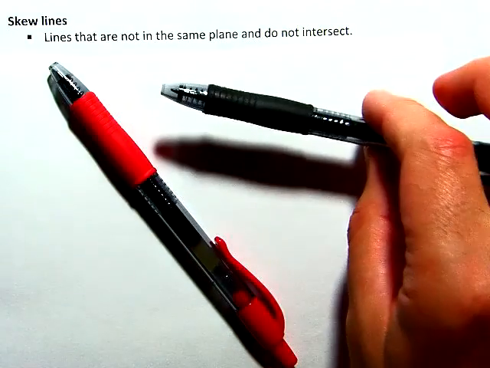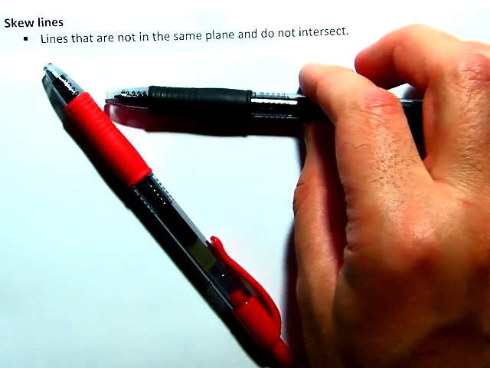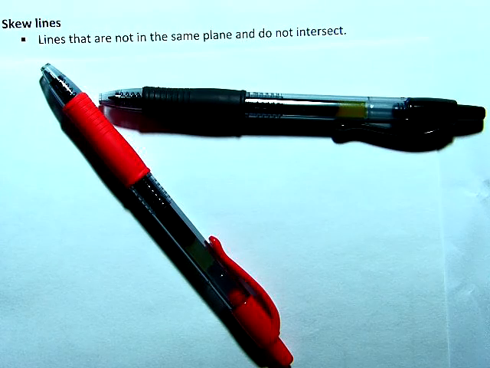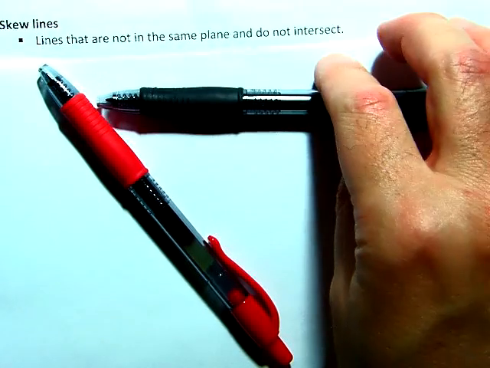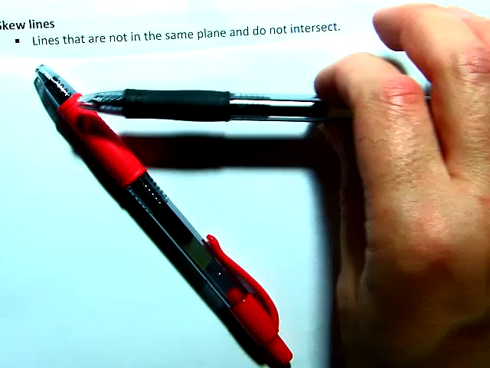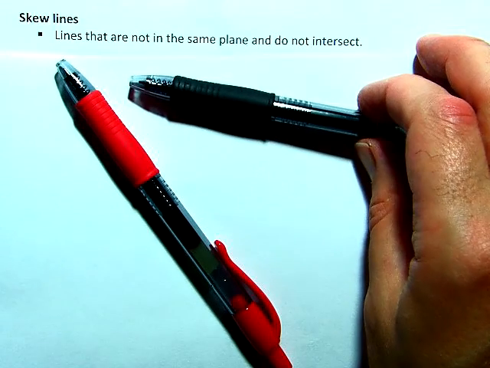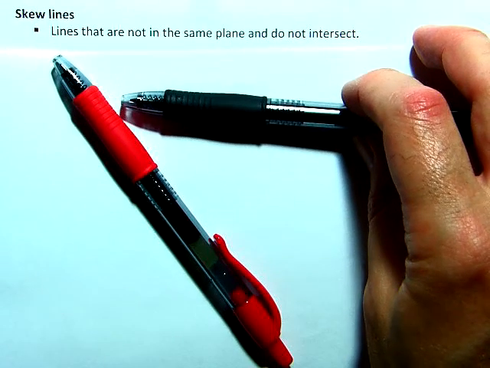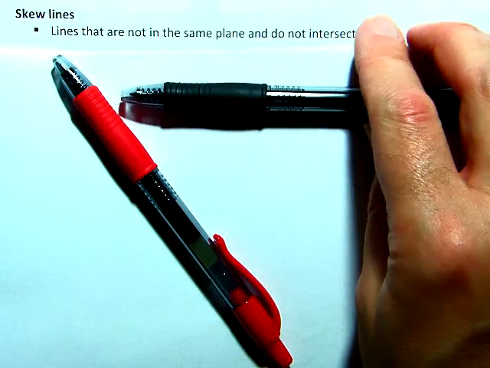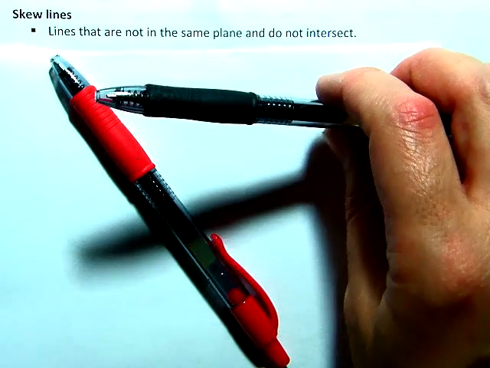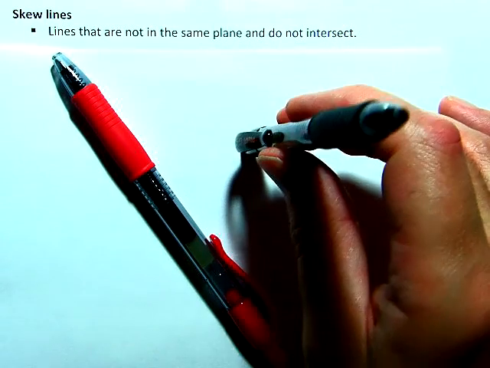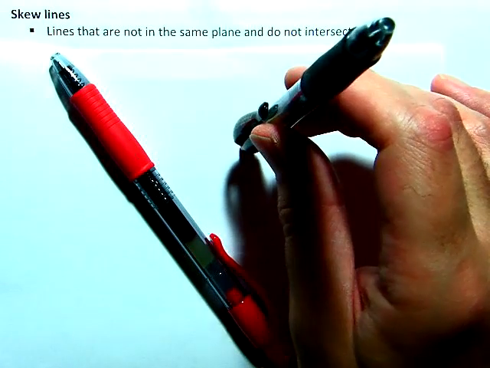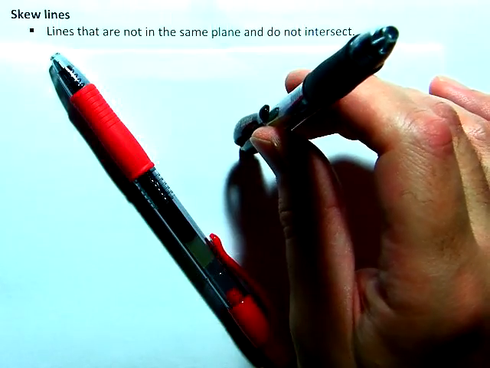Now, if I put another pen like this in the same plane, then they clearly intersect. They clearly touch each other. So they're not skew because they're in the same plane and they are intersecting. Well, if I took this black pen and I stood it up like this, now it's not in the same plane as the red pen.